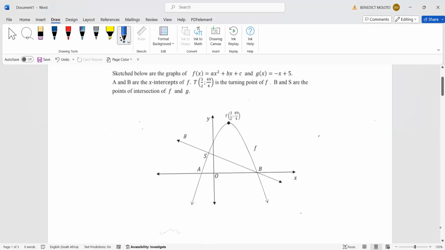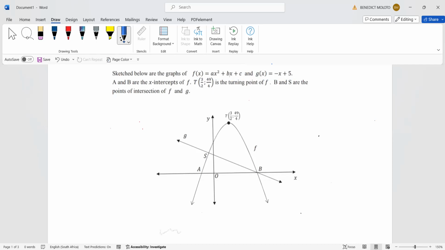Sketched below are the graphs of f of x, which is equal to ax squared plus bx plus c, and also a graph of g of x, which is equal to negative x plus 5.